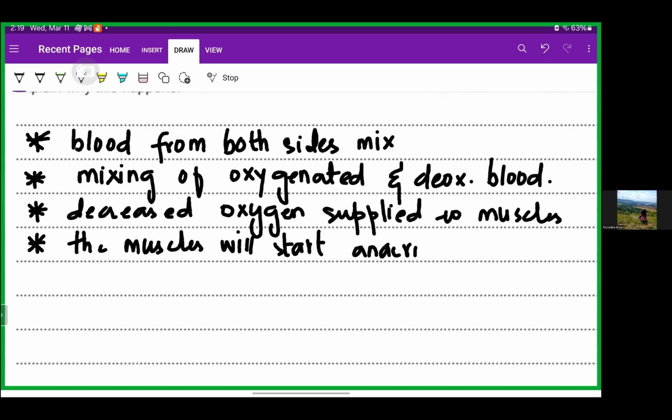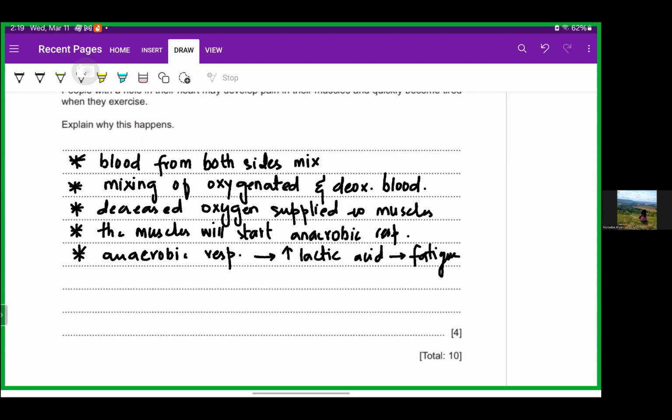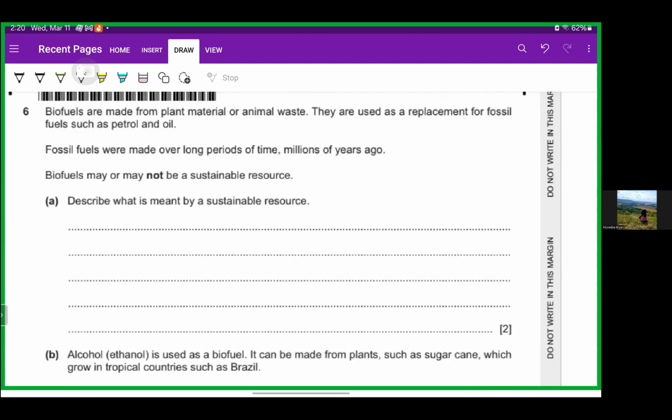Hence, anaerobic respiration will lead to increased lactic acid, and when lactic acid accumulates, it will cause the fatigue of muscles. Okay, so this was it. And that's why due to fatigue they become tired. So this was it for question number 5.